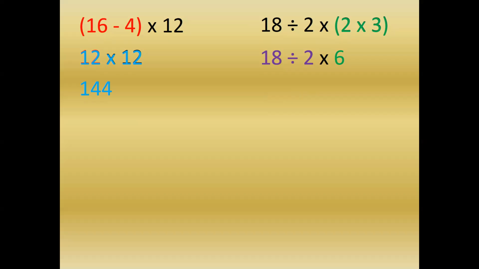What times 2 is equal to 18? 9. So we'd be doing 9 times 6. So our last step would be 9 times 6, which is equal to, go through your 9 times tables, 54. Good job.